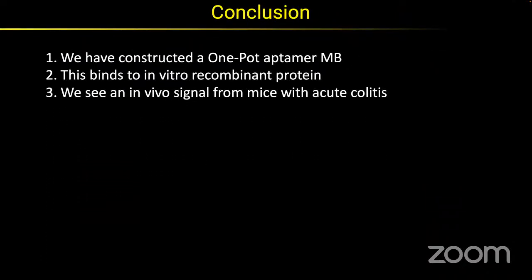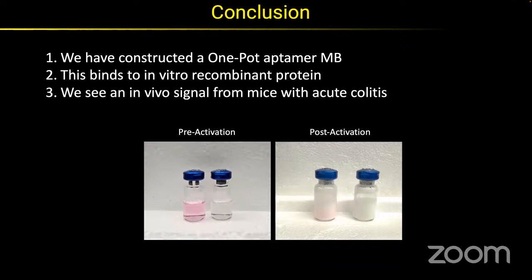So to conclude, we've constructed this one pot aptamer microbubble. This binds to recombinant protein. We see an in vivo signal in mice. And we really do think this is how we're going to get targeted contrast agents into the clinic, because all the clinician, or the technologist, would have to do is take this and activate it, and then they're able to image.